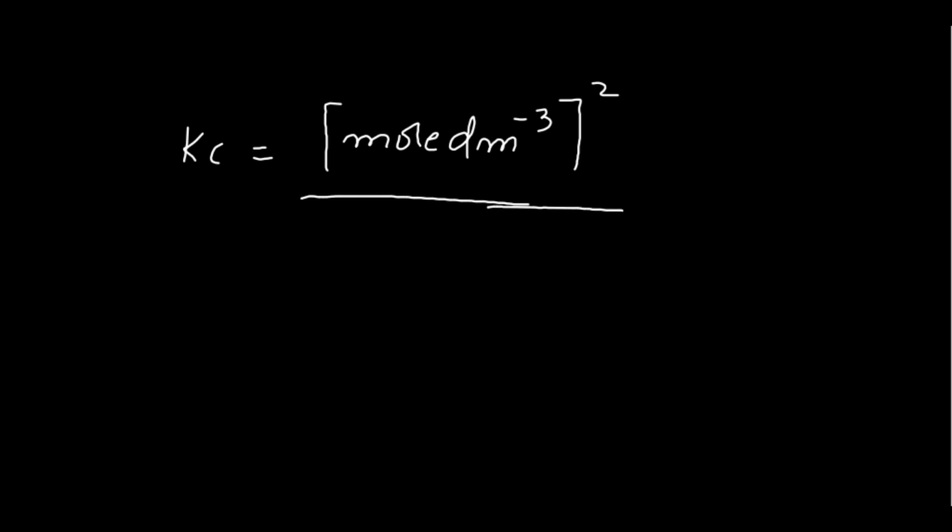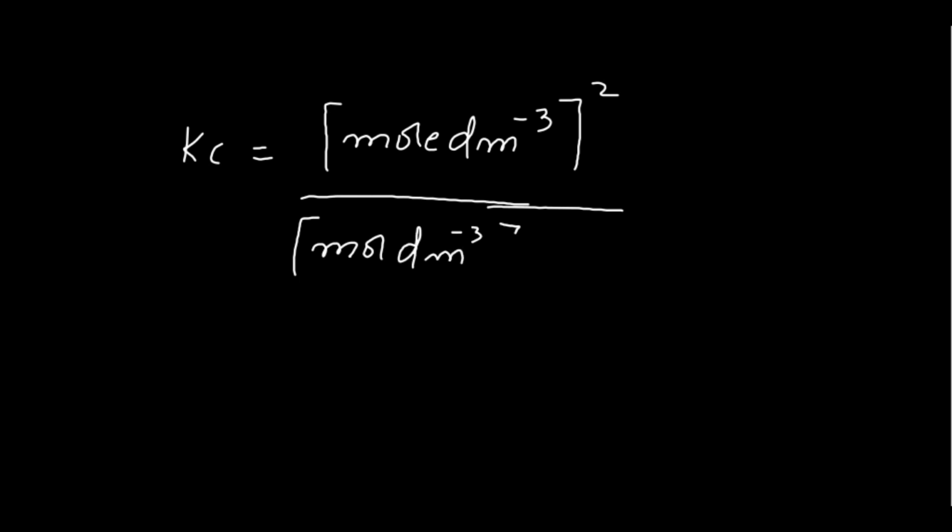All right students, now we will write the unit of reactants and products in terms of moles per cubic decimeter. So Kc is equal to mole per cubic decimeter raised to the power, since we have 2 moles of hydrogen iodide, so we write here 2, over mole per cubic decimeter.